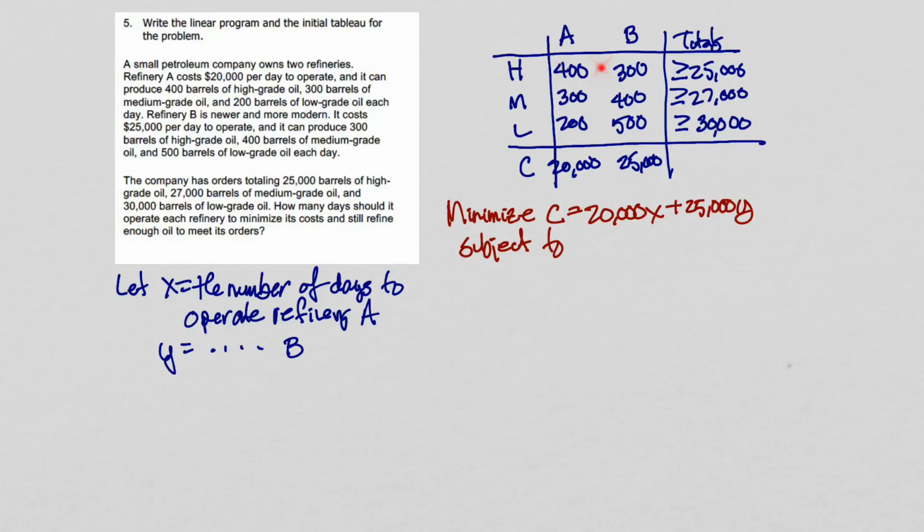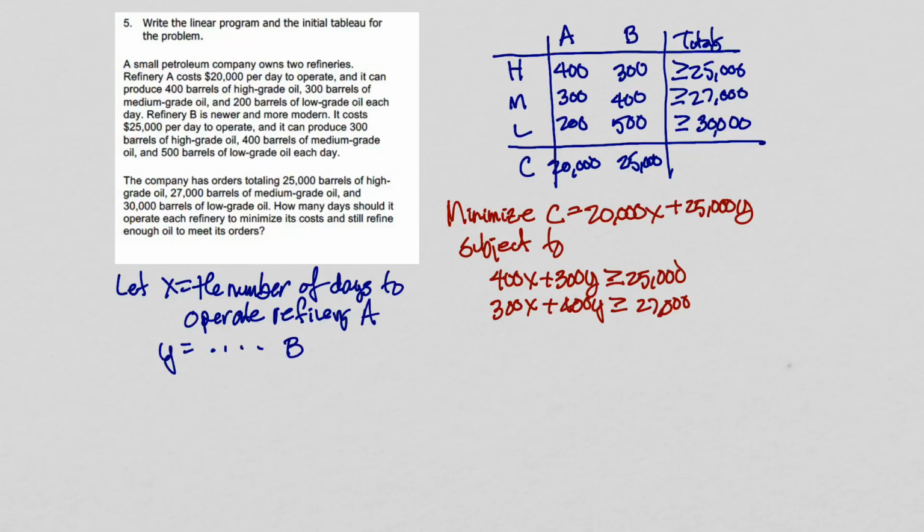So we're going to have this constraint, this constraint, this constraint. So let's write those. Our first line is going to be 400x plus 300y greater than or equal to 25,000, right? That's our first line. In the second line, 300x plus 400y, that's got to be greater than or equal to 27,000.